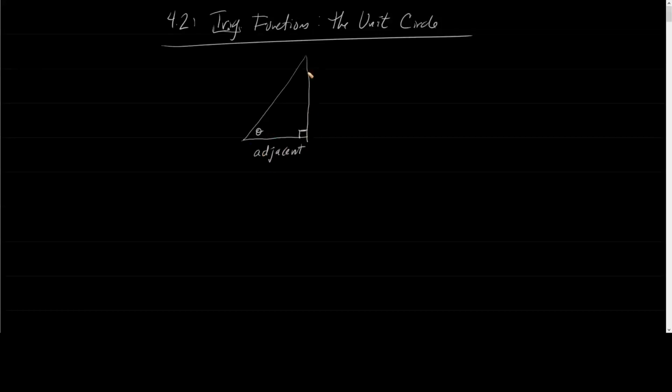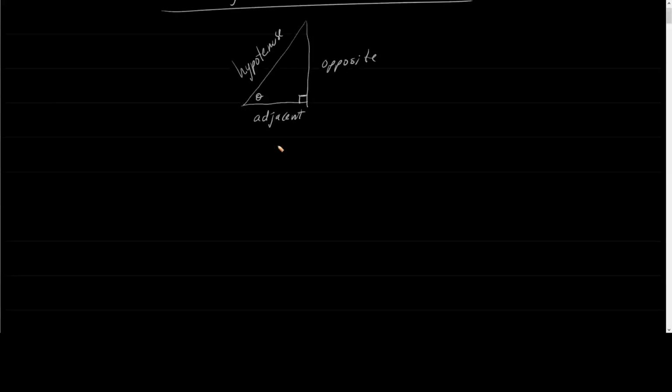This side over here, this leg over here, we have that being the opposite side. And over here, across the 90-degree angle, we call that the hypotenuse. All right, so that is a right triangle in general and how we're going to be thinking of the sides.